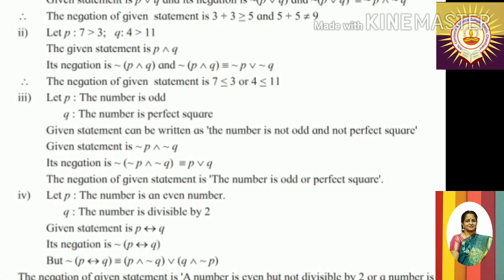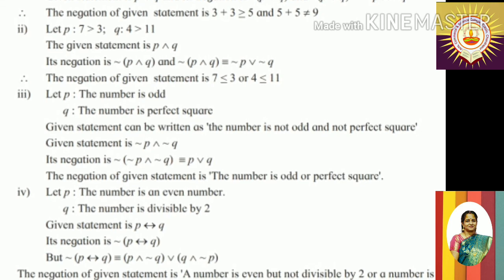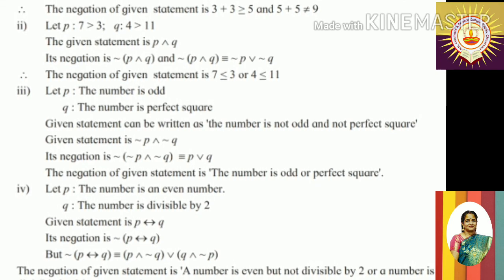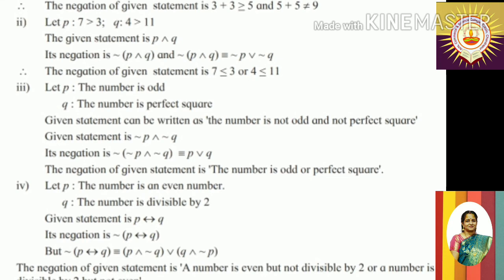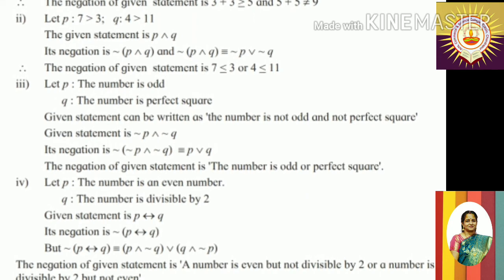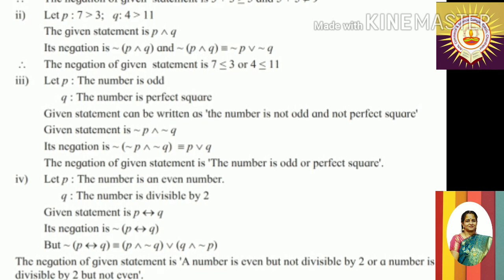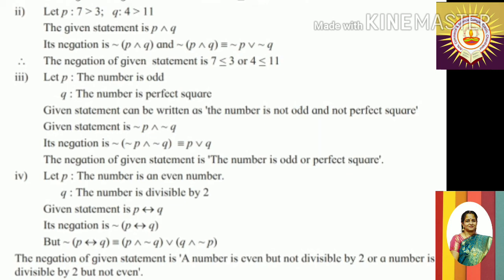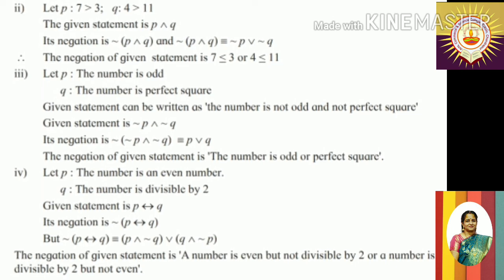So again apply De Morgan's law. So we get the negation of negation P and negation Q is equivalent to P or Q. I already told you that you only have to convert 'and' to 'or' and 'or' to 'and', and the statement variables P, Q are changed to negation P, negation Q. Here there is negation P and negation Q already, so apply double negation to that statement, and we get only P, Q. The negation of the given statement is the number is odd or a perfect square.